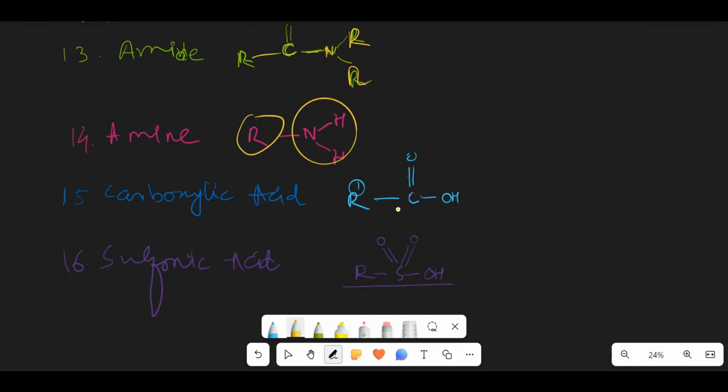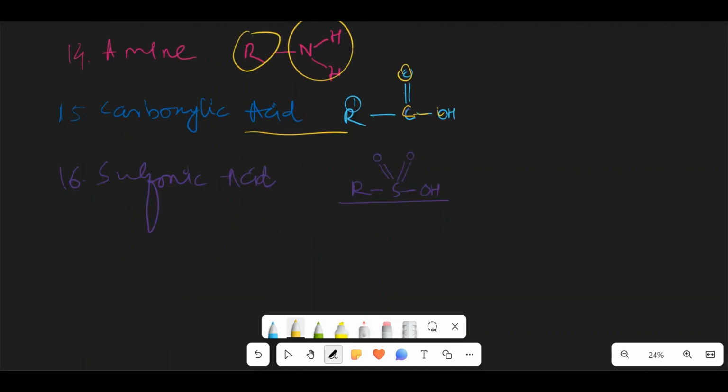Carboxylic acid: R and carbon is attached with the oxygen and has a hydroxyl group. Sulfonic acid, again very simple: S double bonded with oxygen on two sides, and has a hydroxyl group attached with the sulfur and has an R group.